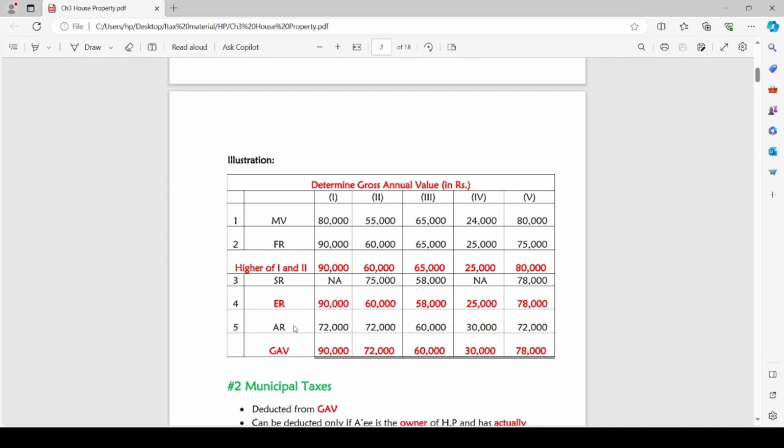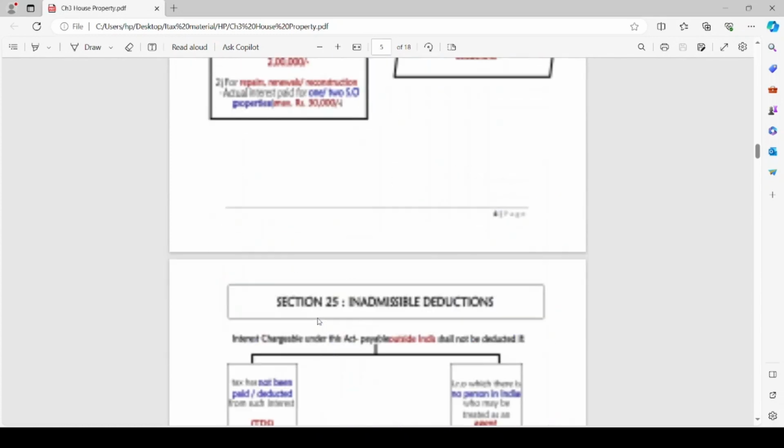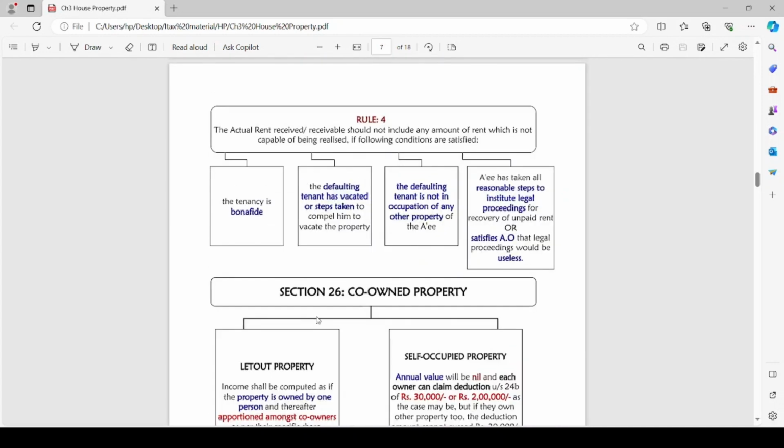How to determine actual rent? For that, Rule 4 prescribes few conditions. The actual rent received or receivable should not include any amount of rent which is not capable of being realized if the following conditions are satisfied. There are few situations where the assessee cannot recover the whole amount of rent from the tenant.